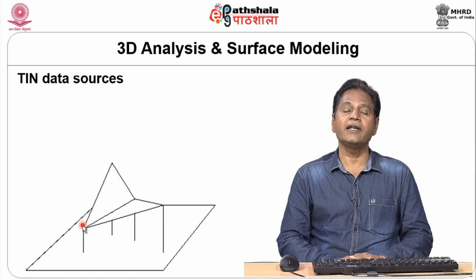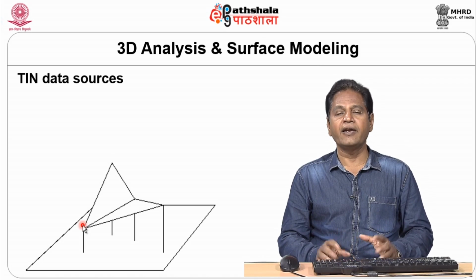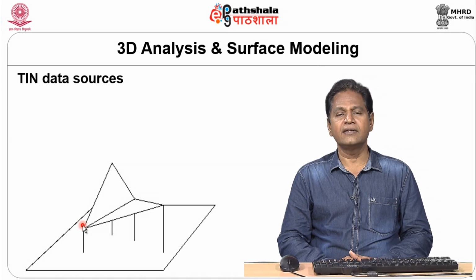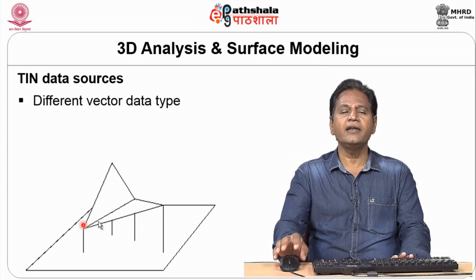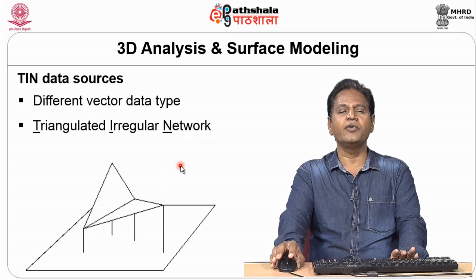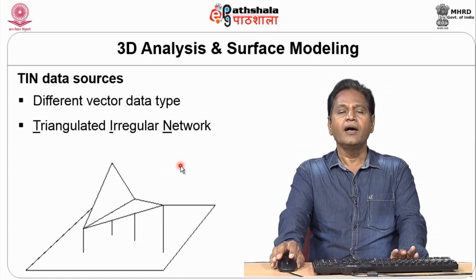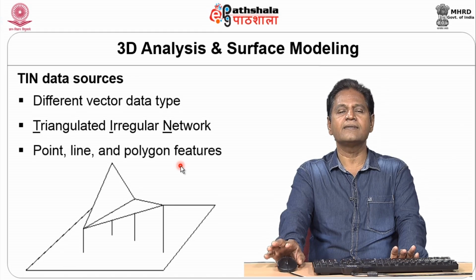Well, coming back to the TIN part of it, it joins all points of different elevation into triangles. Just join 3 points, obviously you will get a triangle. That is actually generated, and then you use different types of vector data for doing that. As I was telling you, a triangulated irregular network is the creation of an irregular network of triangles.